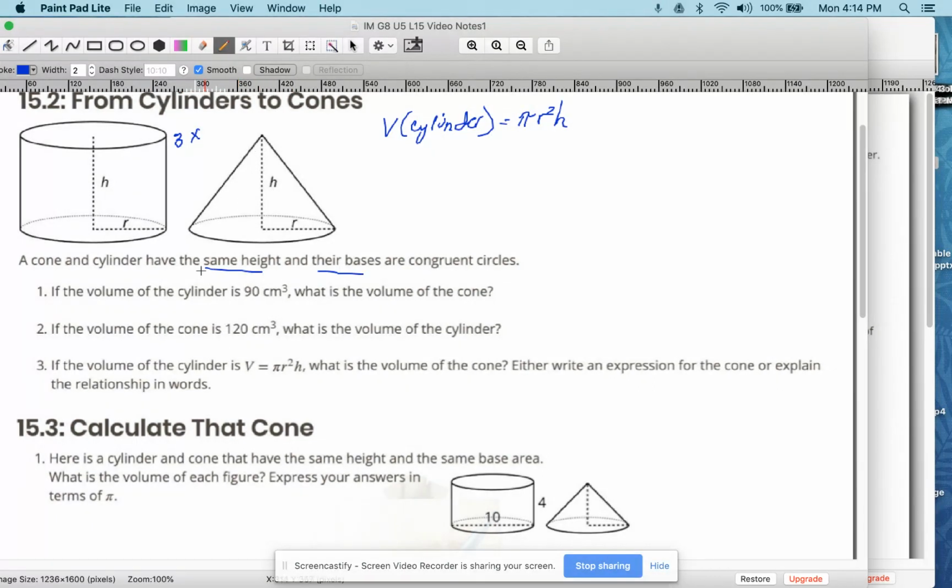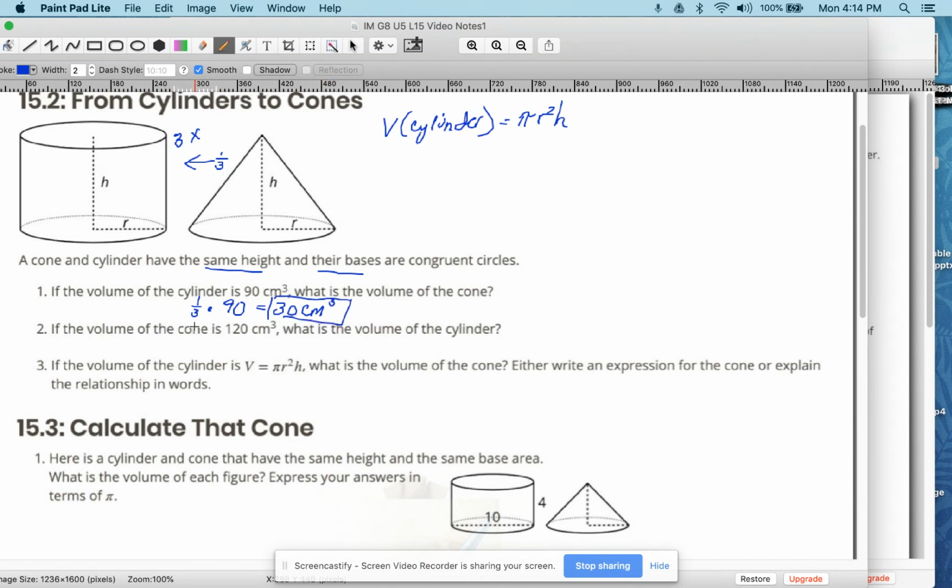So that means this cone is 1/3 the size of the cylinder, so I can take 1/3 times 90 and find the volume of this cone. So 1/3 of 90 would be 30 cubic centimeters.